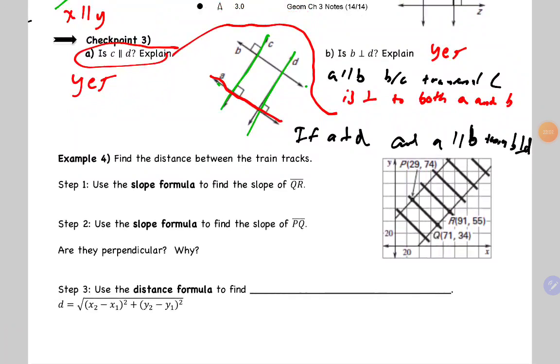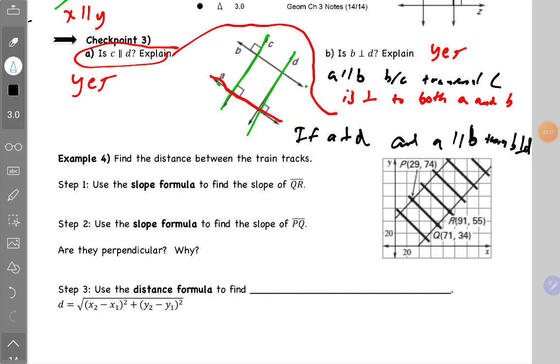All right. What do we have here? Find the distance between the train tracks. Okay. We're going to first use the slope formula to find the slope of QR.